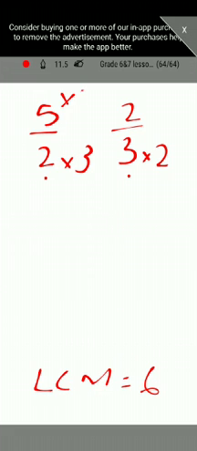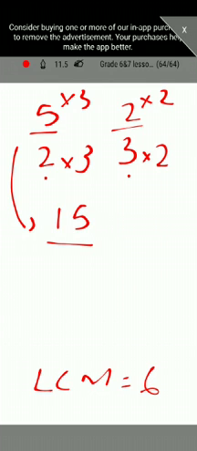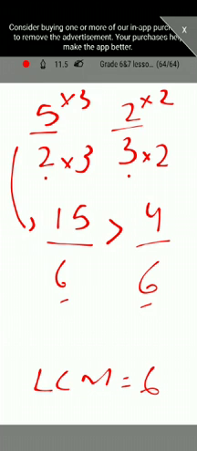You will do the same with the numerator also, and then rewrite the fraction. 5 3s are 15, 2 3s are 6, and 2 2s are 4, and 3 2s are 6. Now you see that we have common denominators, 6 and 6, so we compare the numerators. Since 15/6 is bigger than 4/6, we write the sign of bigger than.